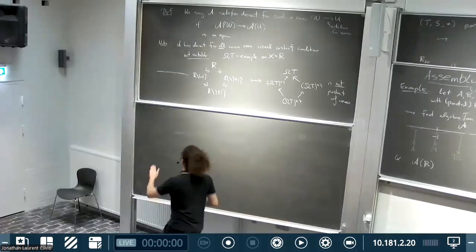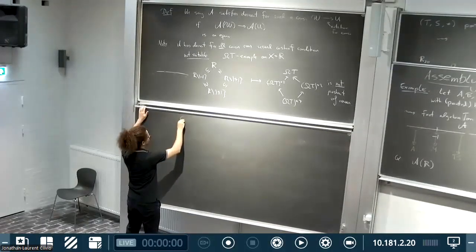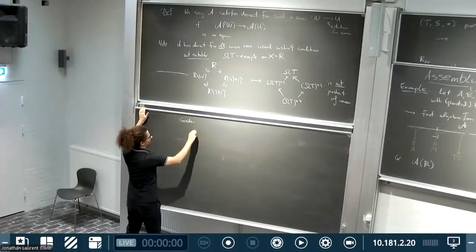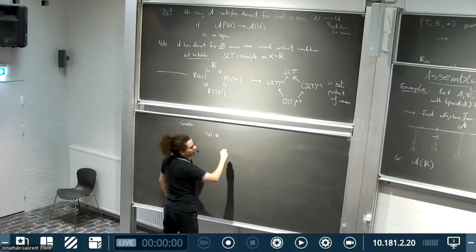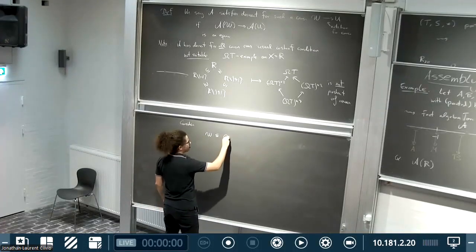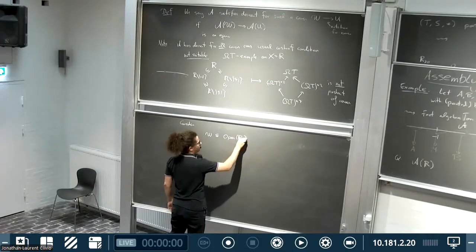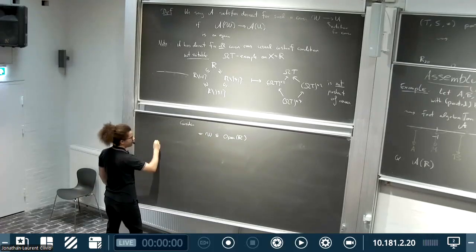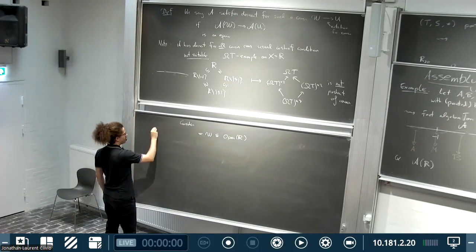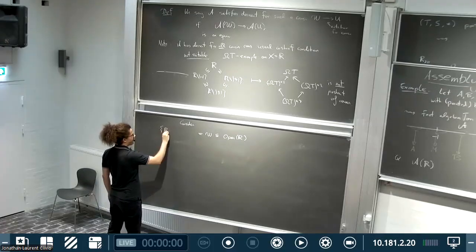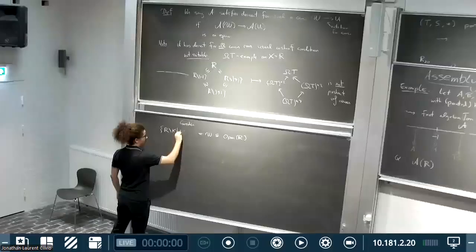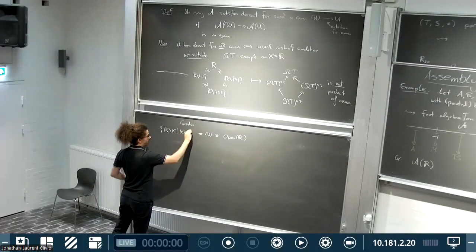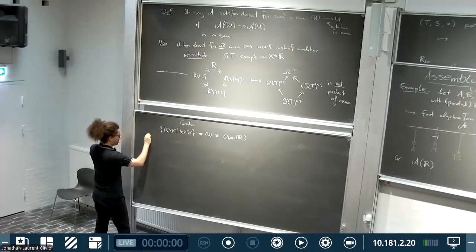So consider W to be the subposet of opens of R given by things of the form R minus K, where K is in curly K. And what is curly K?